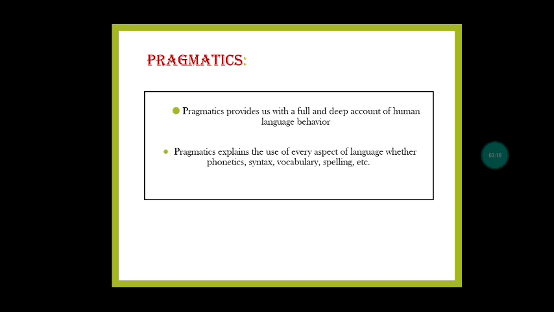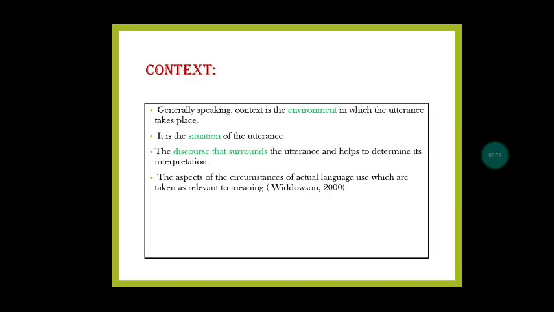Pragmatics explains the use of every aspect of language, whether phonetics, syntax, vocabulary, spelling, and so on. One of the main definitions is that pragmatics is the study of meaning in context. Therefore, context is vital to the study of pragmatics. Pragmatics is context dependent, like we cannot understand pragmatics if we don't understand the context.